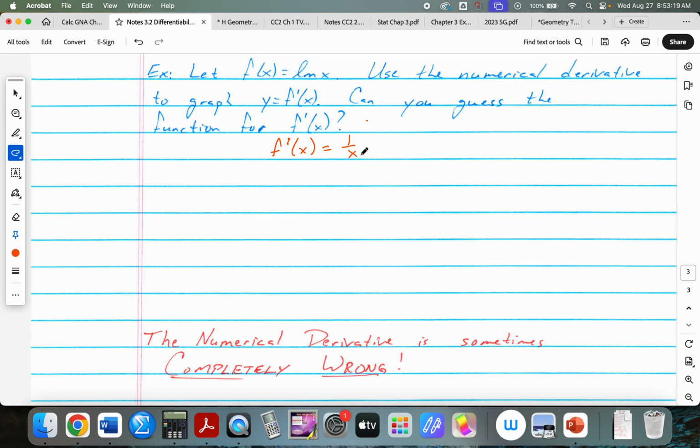So f prime of x is 1 over x for x greater than 0. Now that I've showed you some uses for nderiv on your calculator for finding a numeric derivative and how helpful it is at times, now it's time for the cautionary tale.